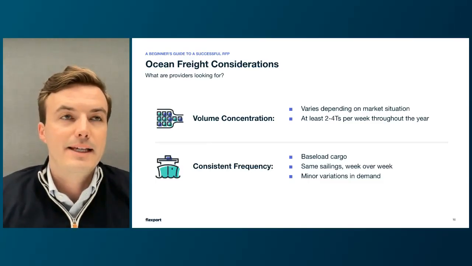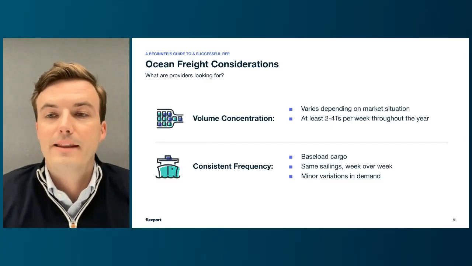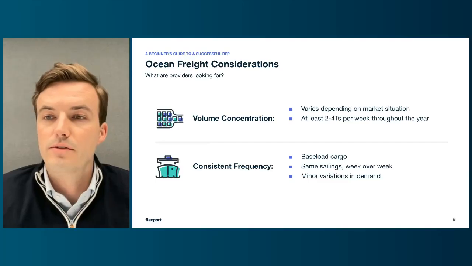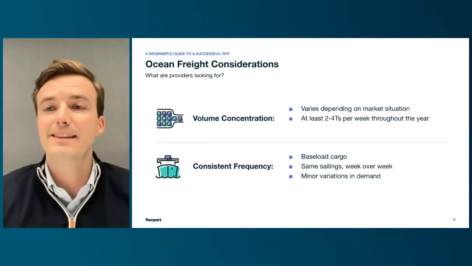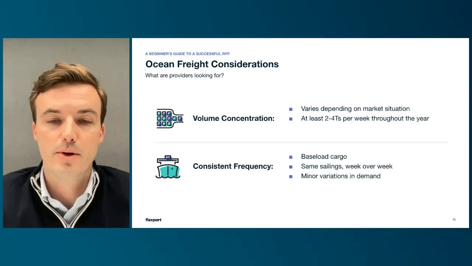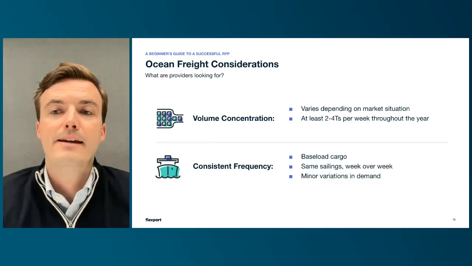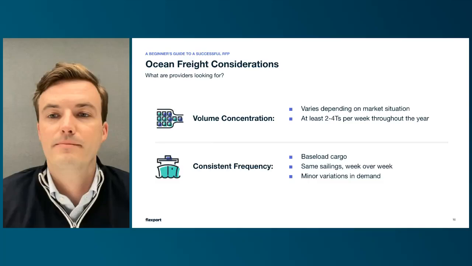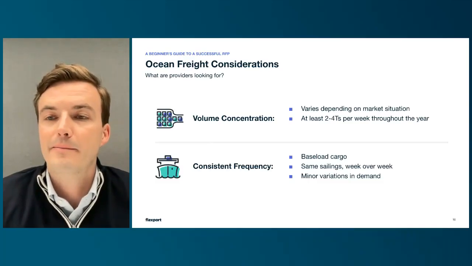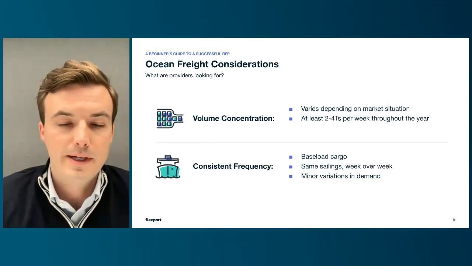But at an absolute minimum, you should think about the fact that in order to have an annual fixed rate, you need weekly volume, at least 1 or 2 containers per week throughout the year. There's always going to be some seasonality to that and some differences week over week, but that is the bare minimum that you should think about when you're considering, does this make sense for my supply chain?